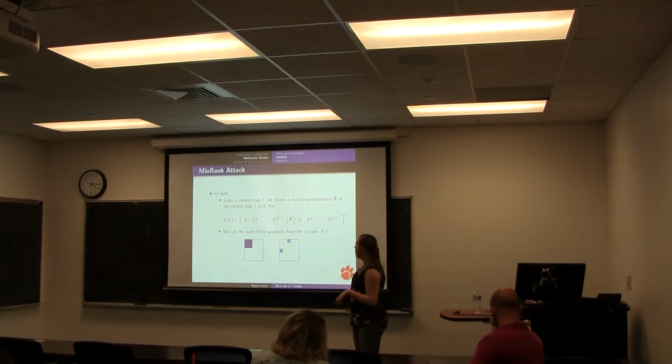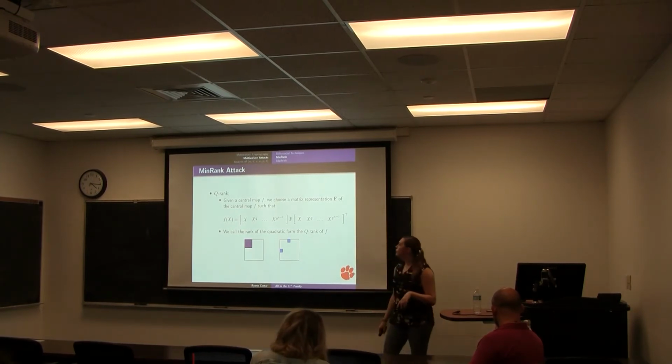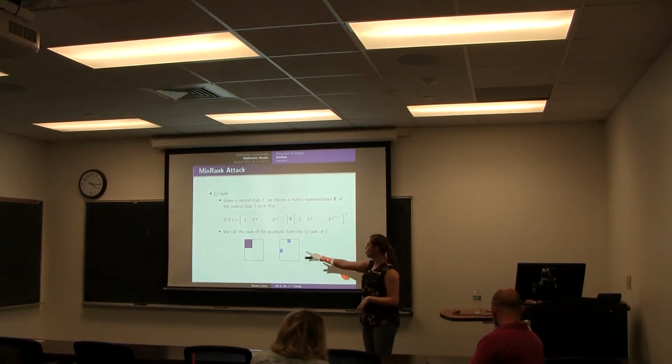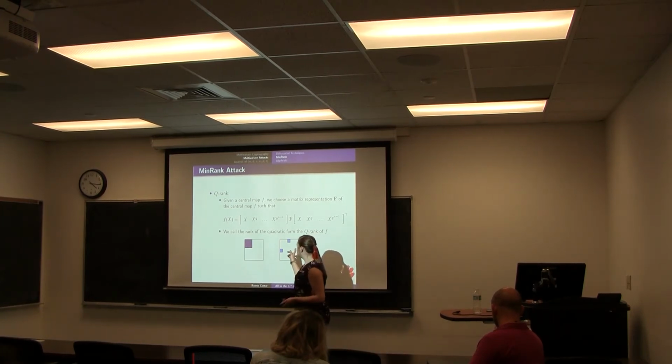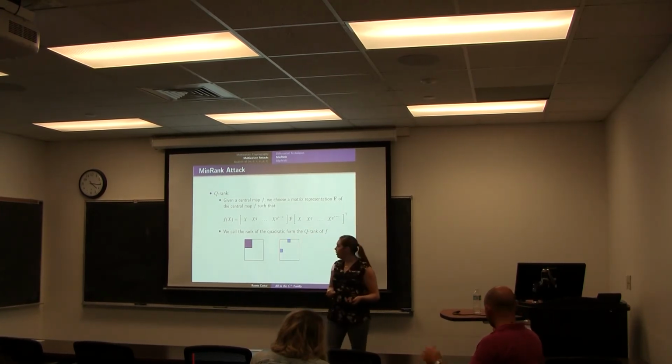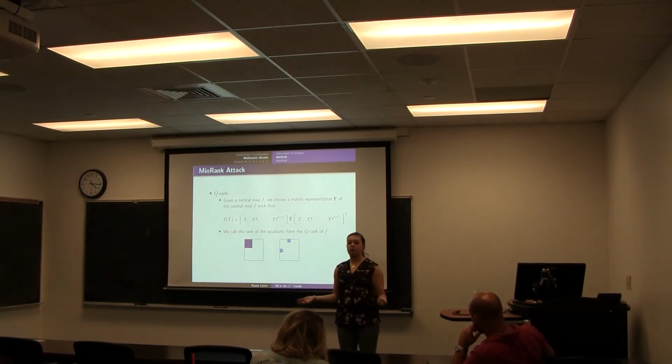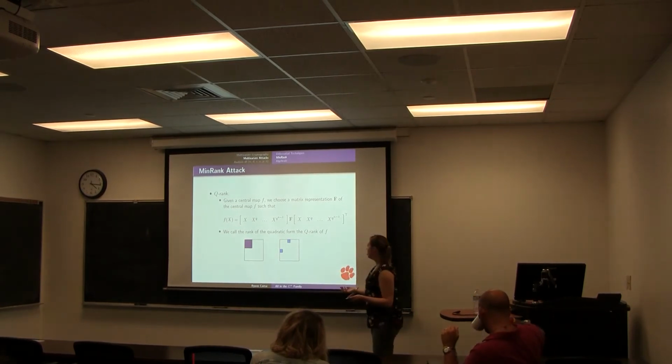So we call capital F the quadratic form. Then the Q-rank of f is going to be just what we think of as normal rank of that matrix, capital F. So these are going to be two different examples of what these Q-rank matrices might look like. This is an example of what the quadratic form of an HFE polynomial would look like.